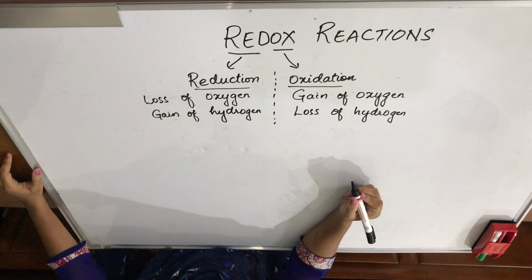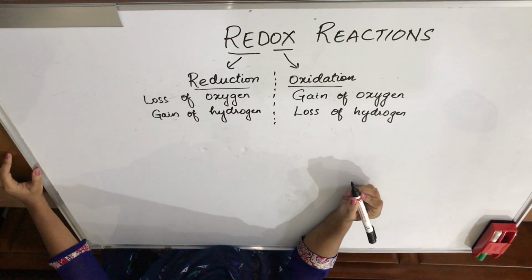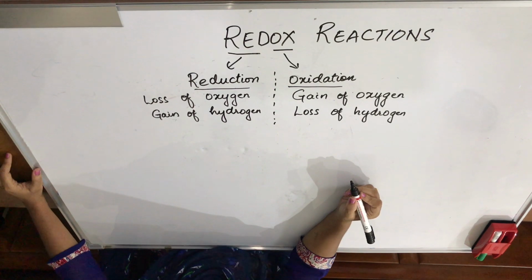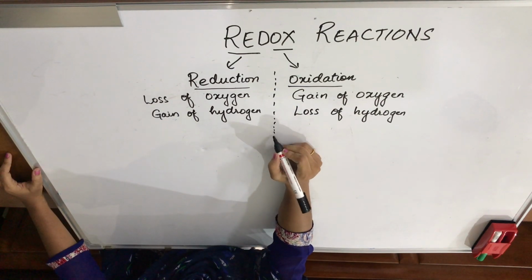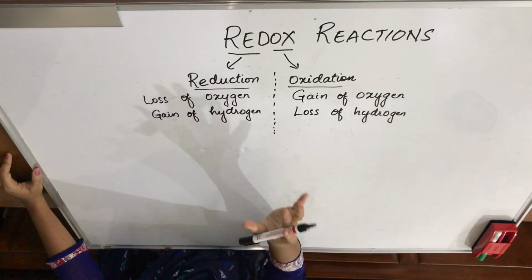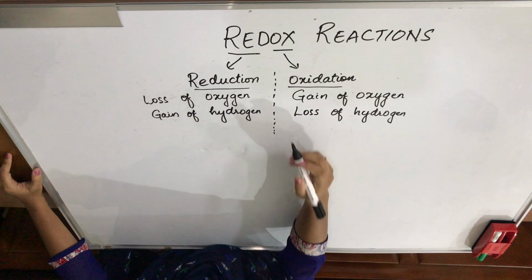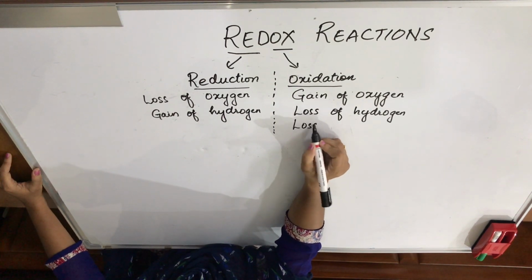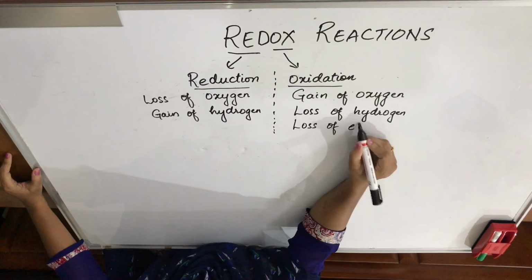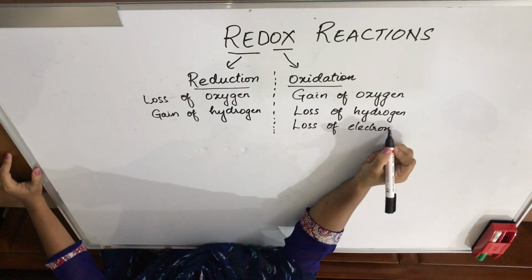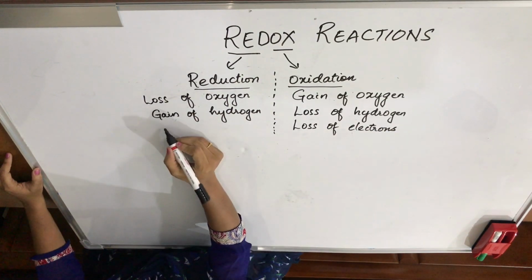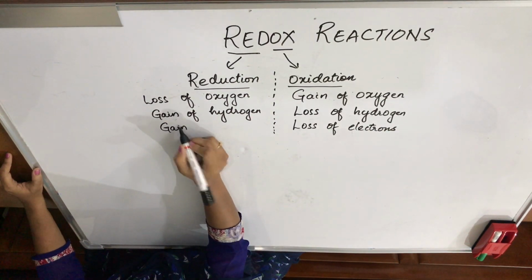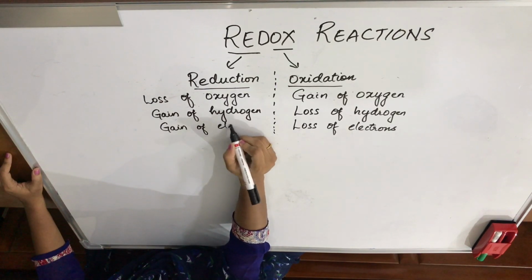Usually most of the reactions are redox reactions, but how do we tell if there is no oxygen or hydrogen in the reaction? In that case, we should always go for a standard rule, that is oxidation is loss of electrons and reduction is gain of electrons.